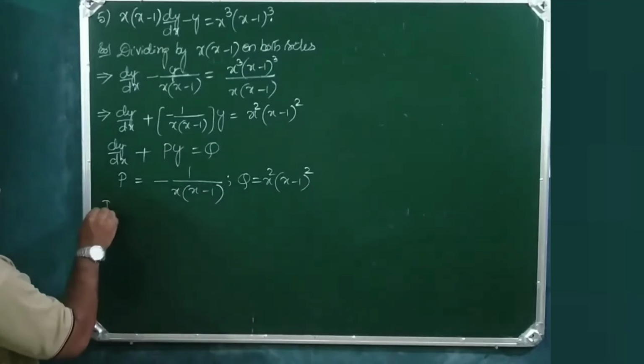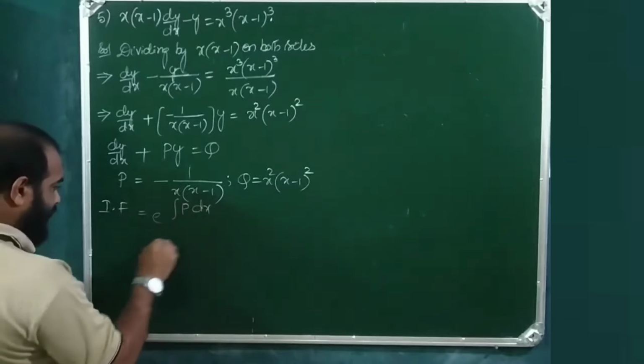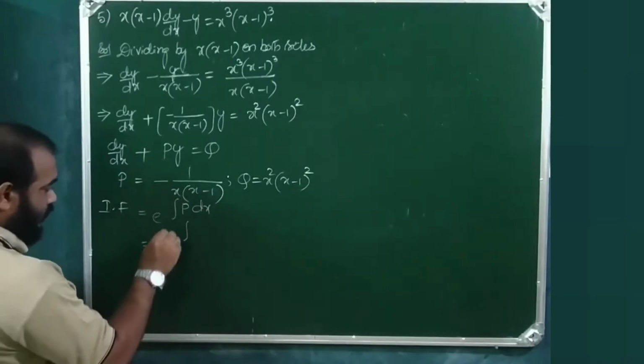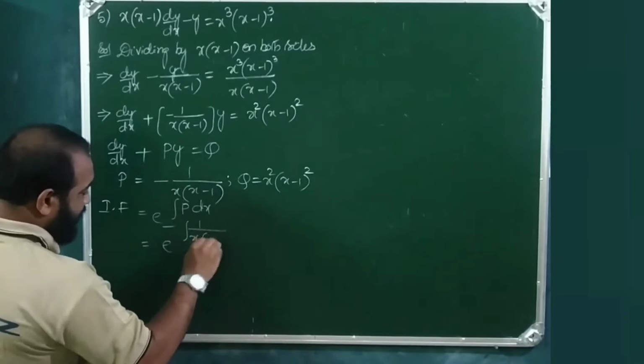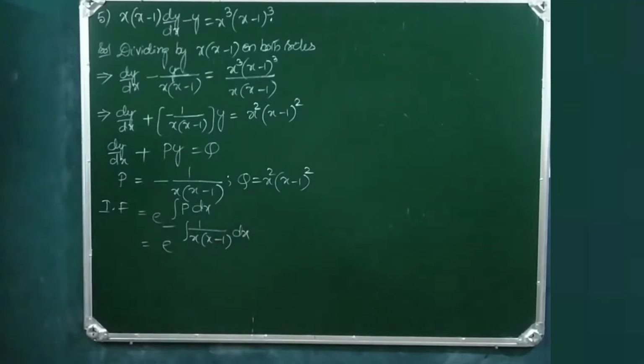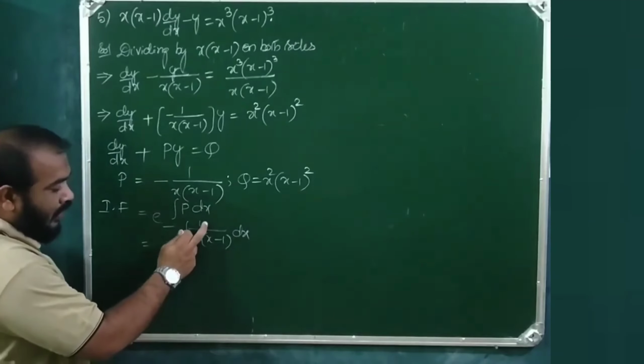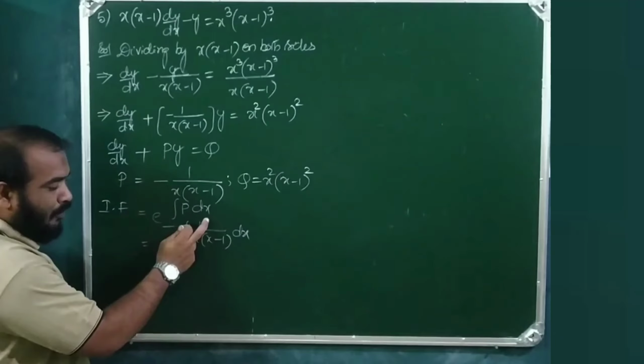So therefore the integrating factor is equal to e power integral p dx. E power integral of minus 1 by x into x minus 1 dx. Now this is a proper fraction.